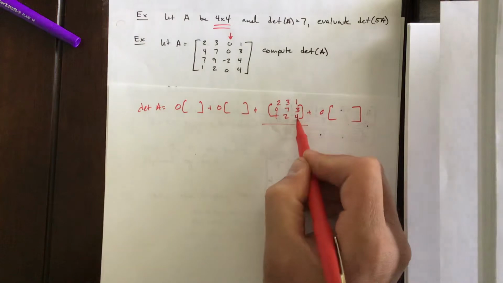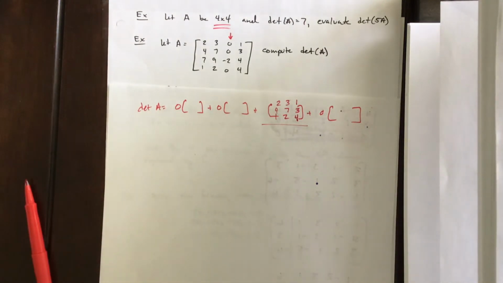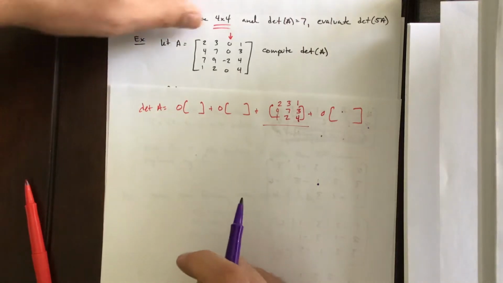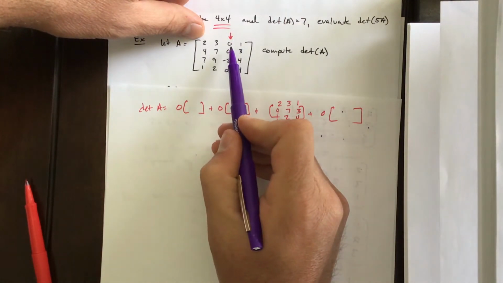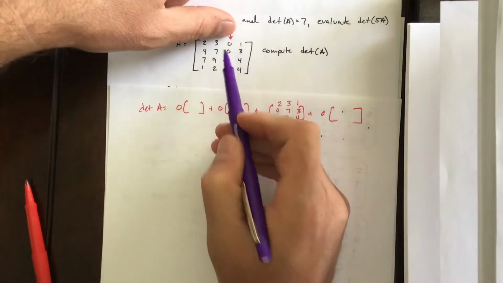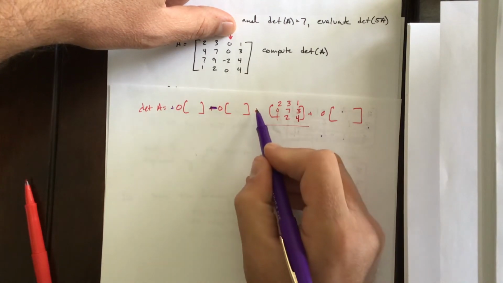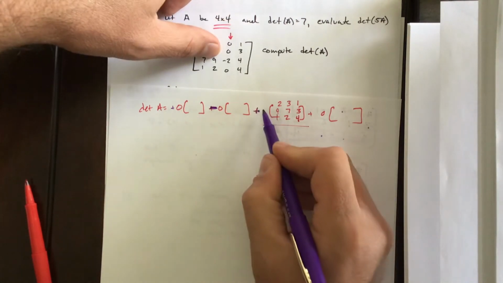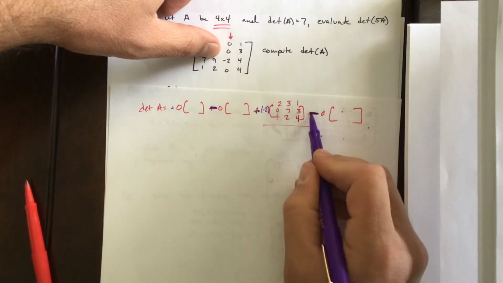Now, what are the coefficients, positive or negative? This is row 1, column 3. So row 1, column 3 is a 4, so that's a plus. Next one's minus. Next one's plus, and negative 2 times that. And the final one is a minus.